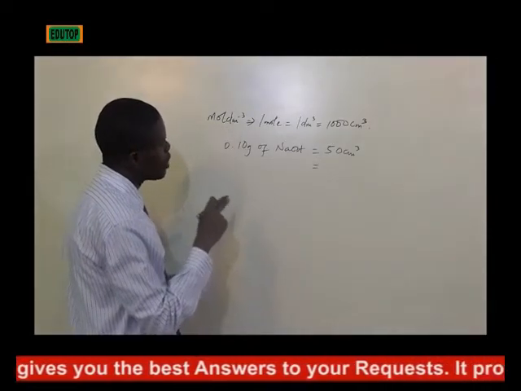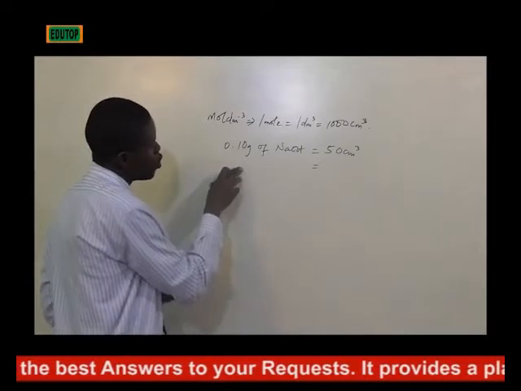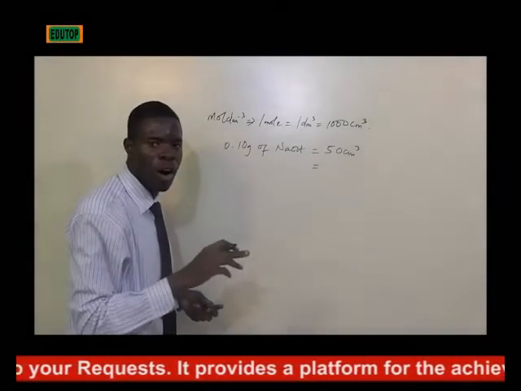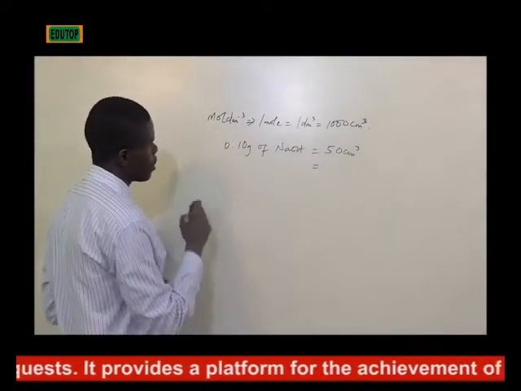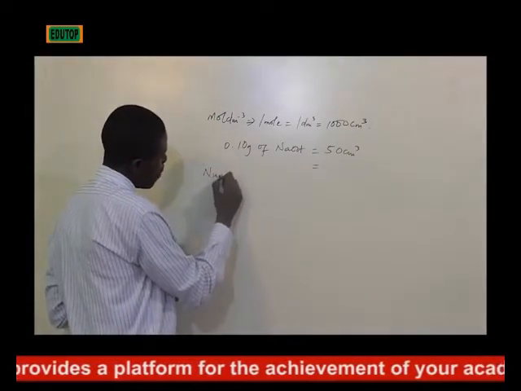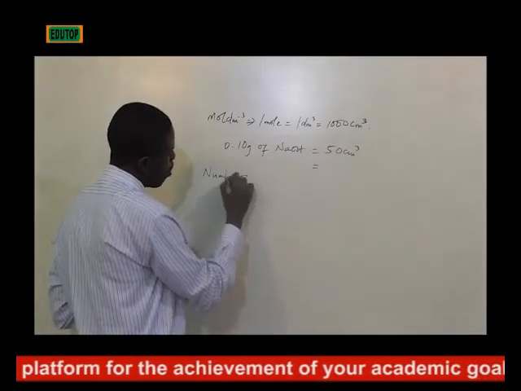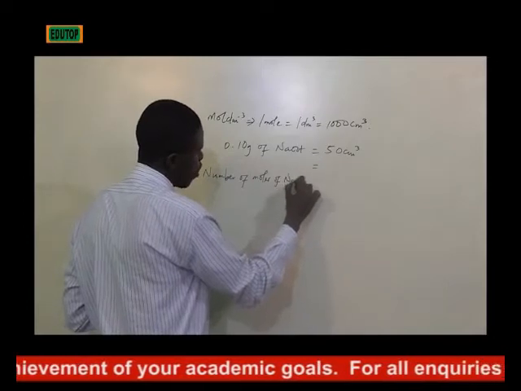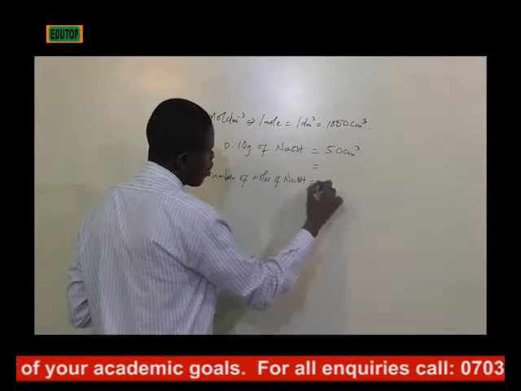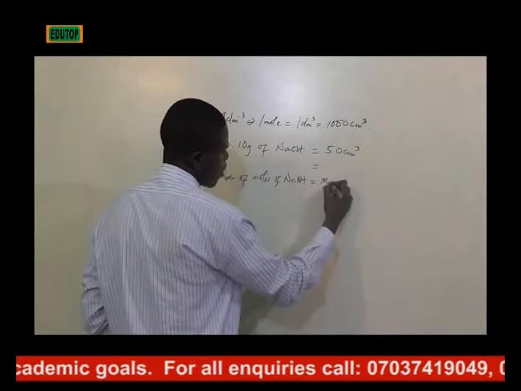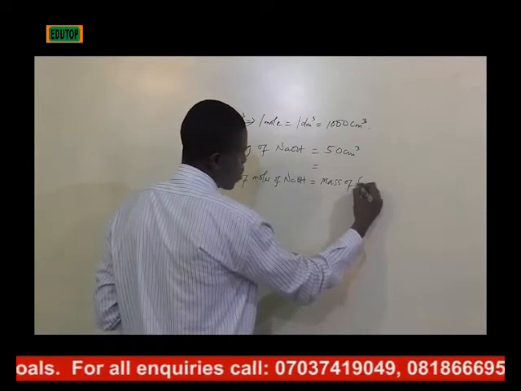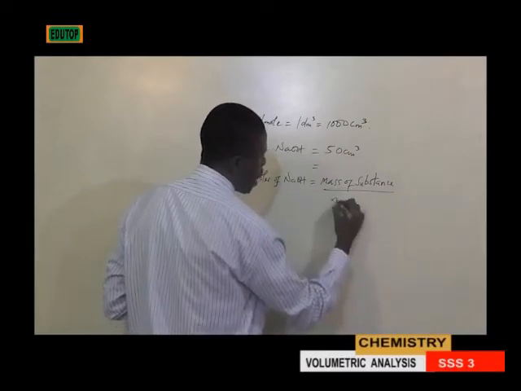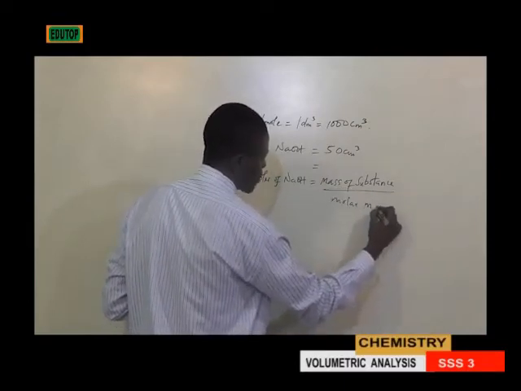The first thing to do here is to calculate the number of moles of sodium hydroxide. Then the number of moles of sodium hydroxide is equal to mass of substance over molar mass.